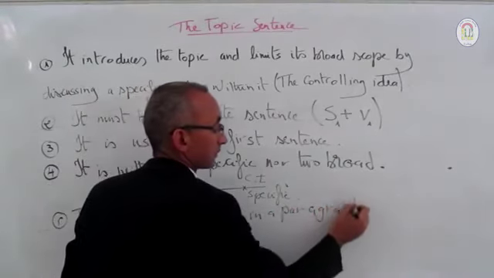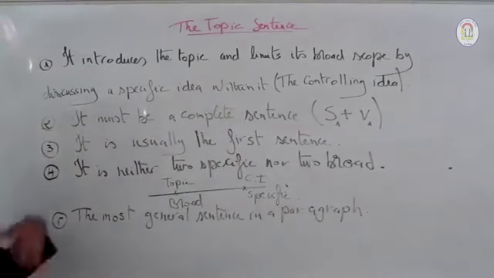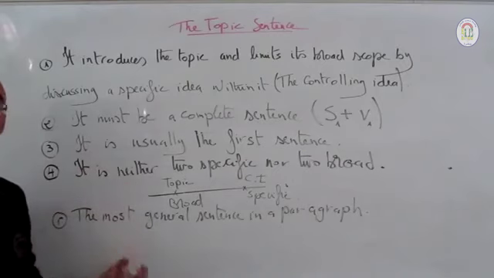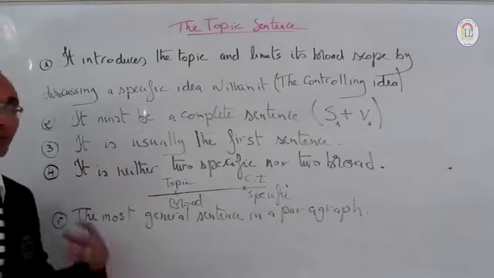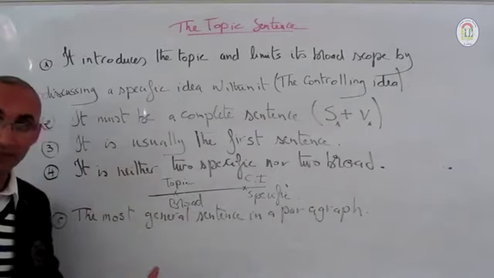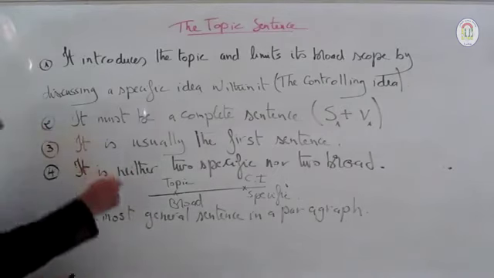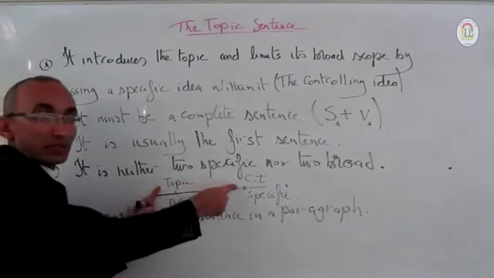How? Now, as you know, in this topic sentence, we are not allowed or supposed or required to give any details, or any explanation, or any kind of examples about the topic. We just touch the topic, and limit its range. That's all.